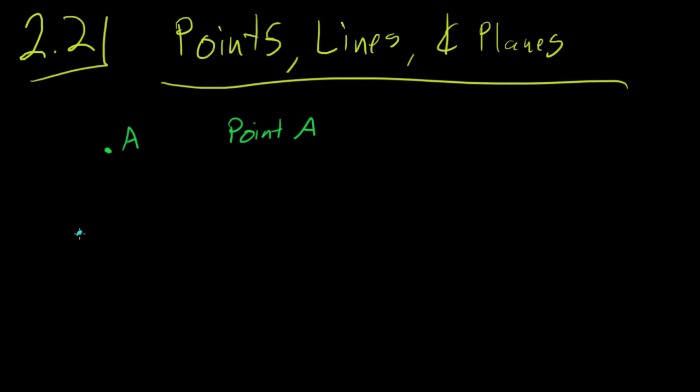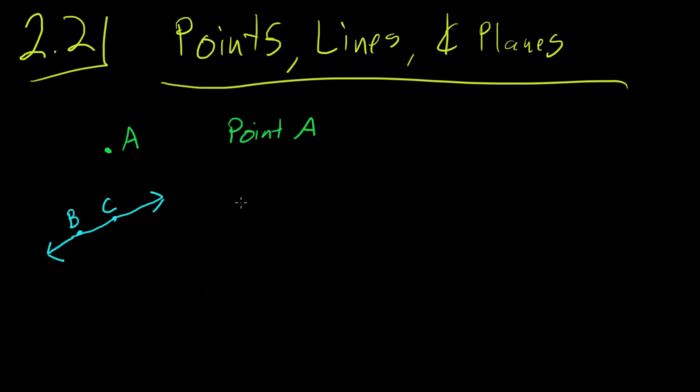A line has one dimension. It has length. And a line extends forever in that one dimension. Now, lines are a little trickier. You have to have 2 points to have a line.